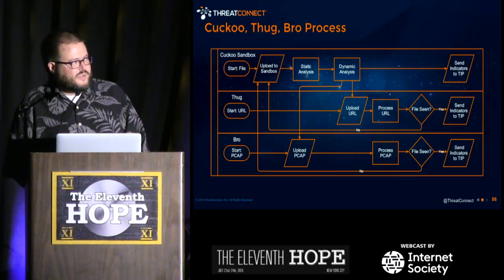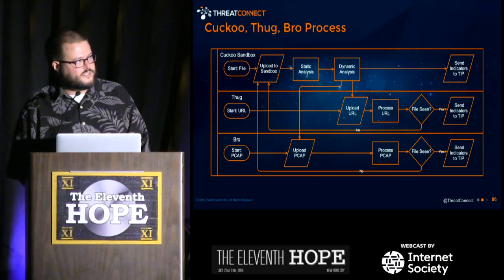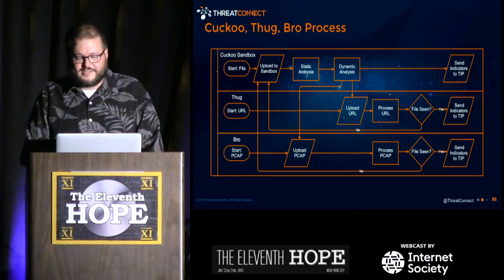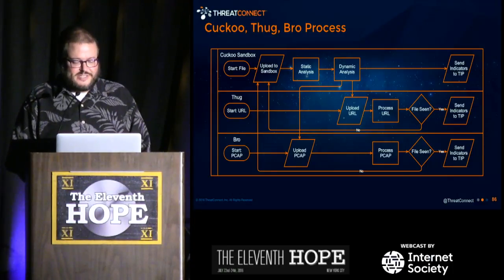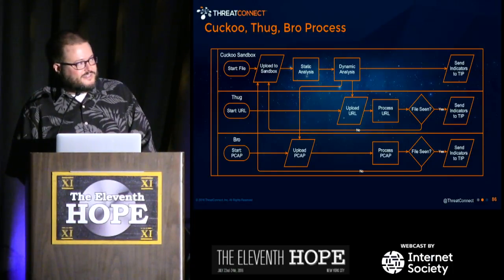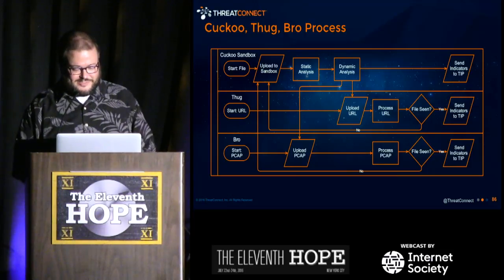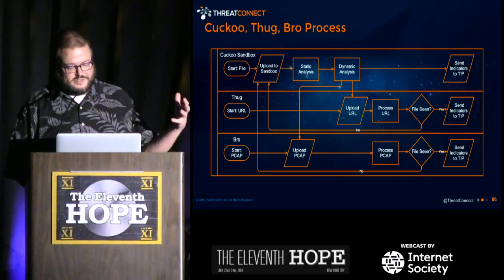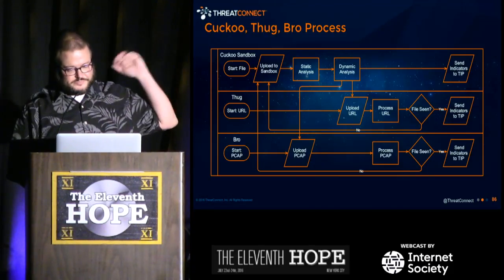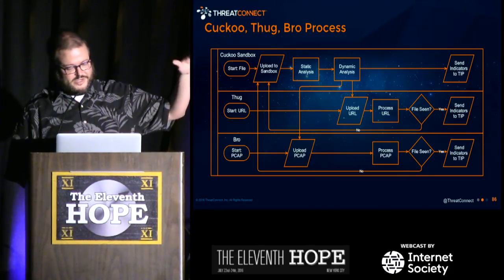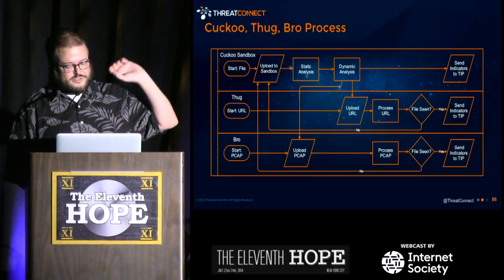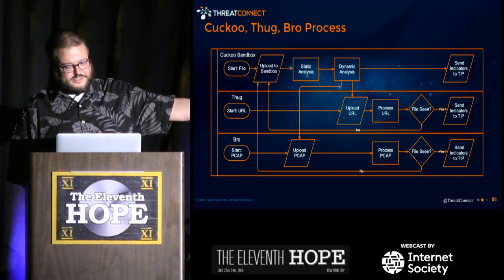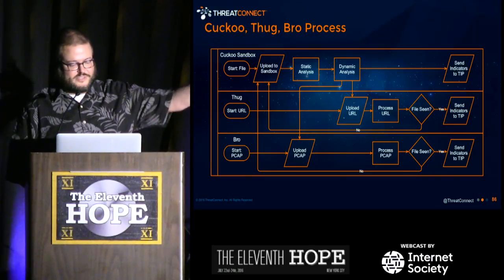I've made a few swim lanes here, and I originally wanted to have all 4 tools in one set of swim lanes, but when you throw all of these together, the spaghetti starts to confuse the swim lanes. So what I've done here is Cuckoo Sandbox: you upload a file to the sandbox, you do the analysis, you send all of your indicators to your threat intelligence platform, and you have a Thug instance which will process any of the URLs that come out of Cuckoo.